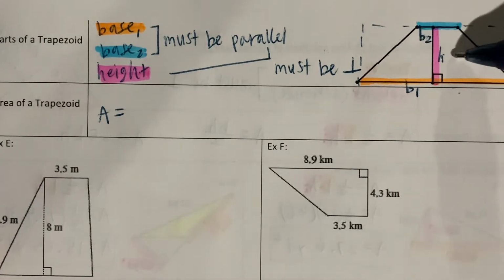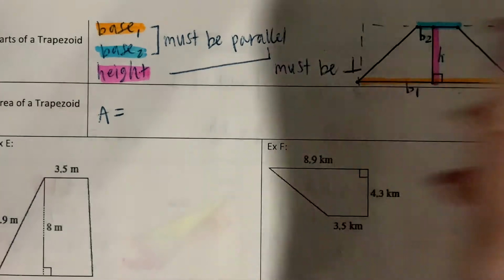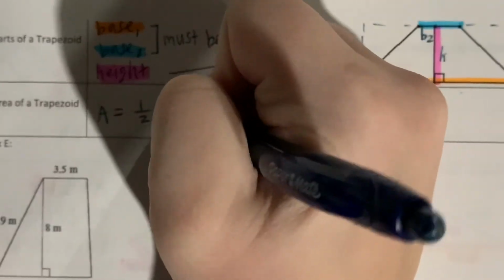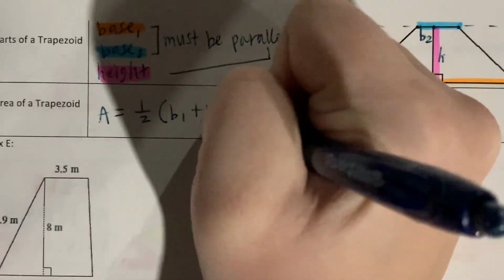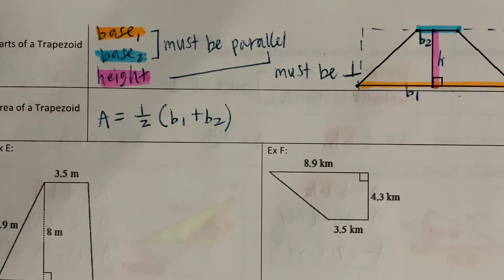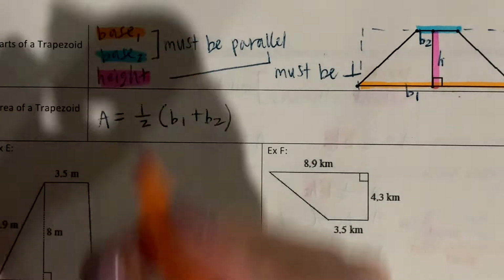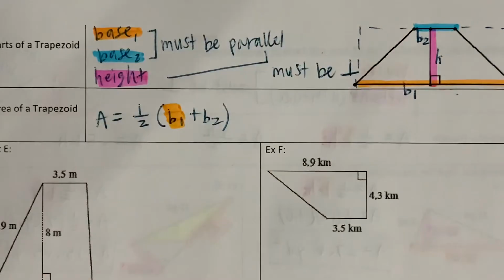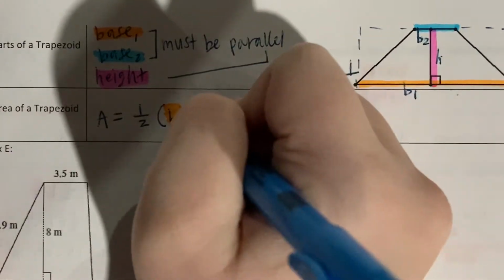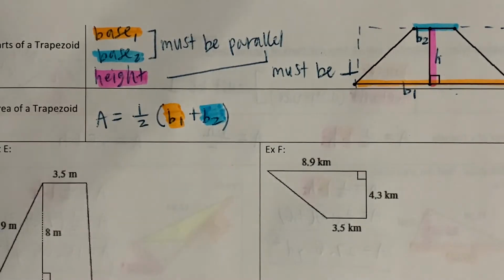It's almost like having a different baseline, halfway in the middle, an average, and multiplying that by our height. The way we can represent that is 1/2 times our two bases, base 1 plus base 2. Notice I am using B1 for base 1 and B2 for base 2, and it doesn't matter which one you identify as base 1 and base 2.